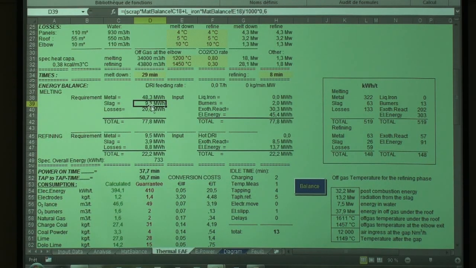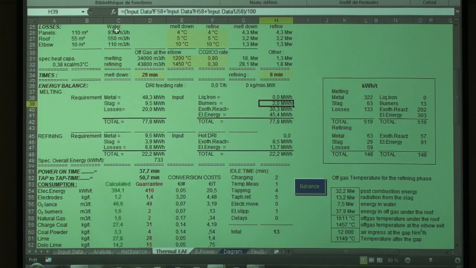This is a fixed value, but this is a variable value because a lot of heat losses are time proportional. Because you have off gas in cubic meter per hour and the water in cubic meter per hour as well. So a lot of heat losses are proportional to the time.